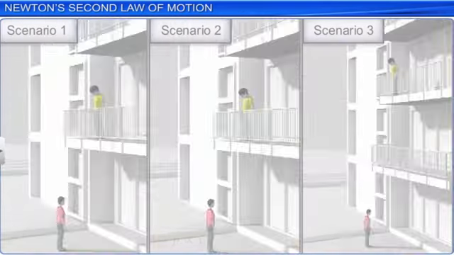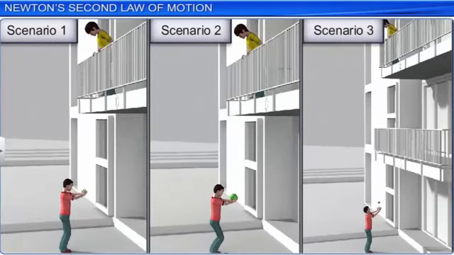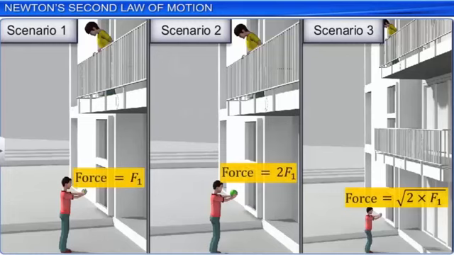In all these three scenarios, the ball has some momentum when it touches the hands of the boy catching it. However, the momentum becomes 0 as the ball comes to rest due to the force applied by the hands for some time. The force required to stop the ball and the length of time the force is applied are related to each other.